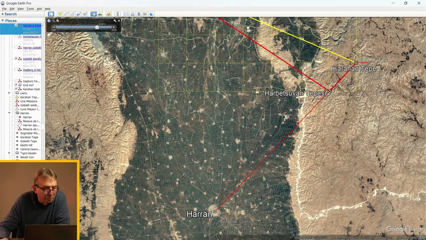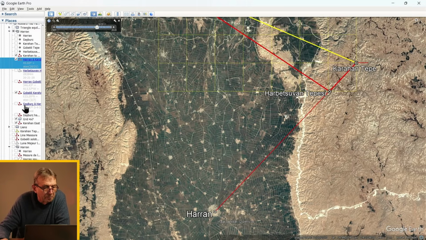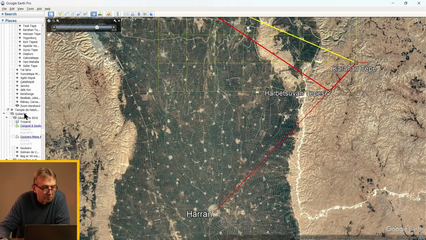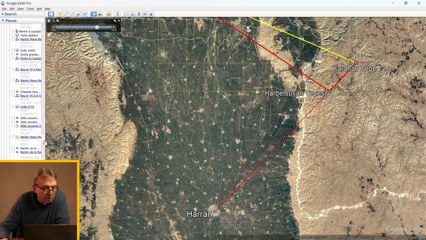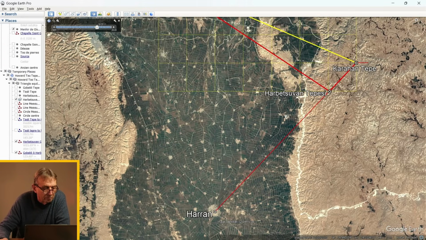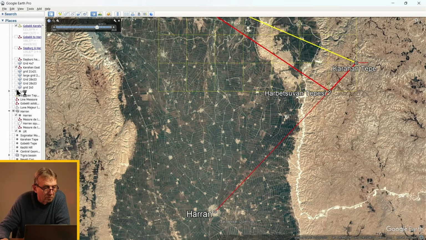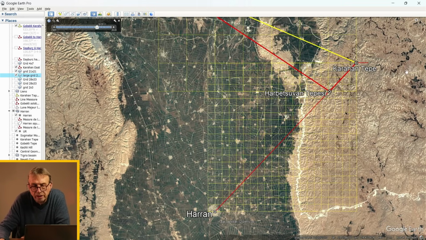Okay, so if I put the grid here now, I'm gonna now put the 21 by 29 grid right from Karahan Tepe down to Harran.